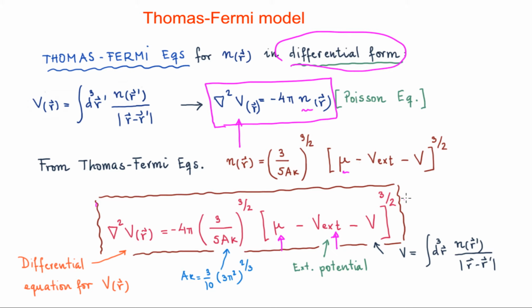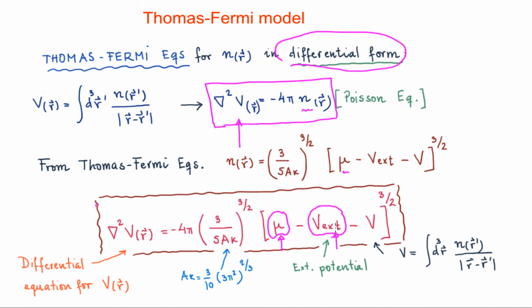In order to specify the equation, you need to specify the system we have, which is equivalent to specifying the external potential, which depends on the system. Of course, if you have an atom, that atom is going to determine the external potential. And for each particular system, we have to determine the chemical potential, which is going to be a constant.